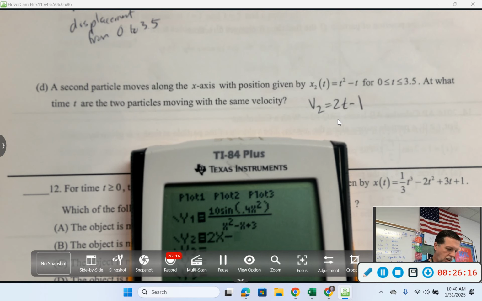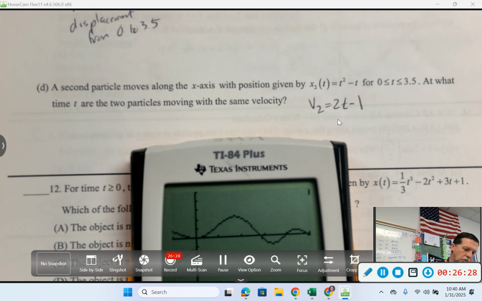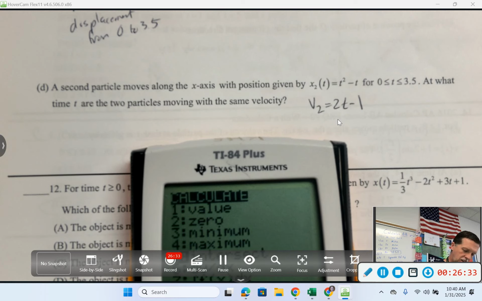Part D gives me a second particle, and it asks when they have the same velocity, except it gave me its position. So be careful. I'll get its velocity, and then I just want to know where they intersect. Second calc, intersect.